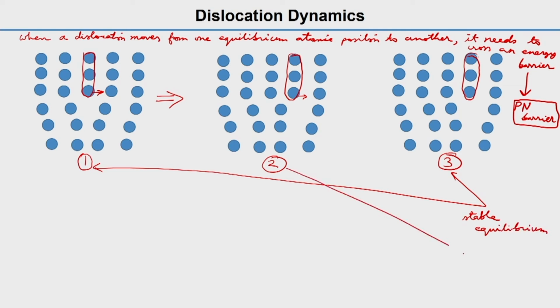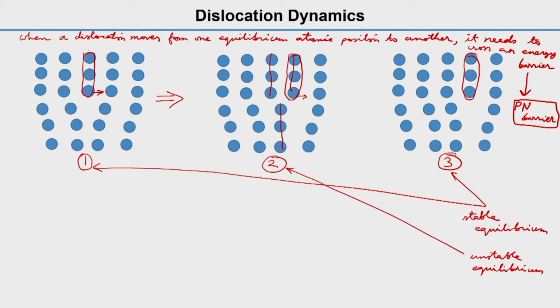But if you see number 2, this is a little different. This is unstable equilibrium. So why is it unstable equilibrium? Because if you consider all these planes, like this plane or this plane, they are not at a stable position.